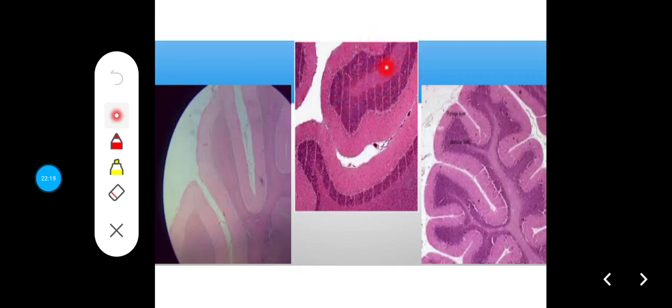Then the white matter, which doesn't stain well. So the same idea here. This is the white matter of the cerebellum, the granular layer, then the single layer of Purkinje cells at the margin, and then the molecular layer.